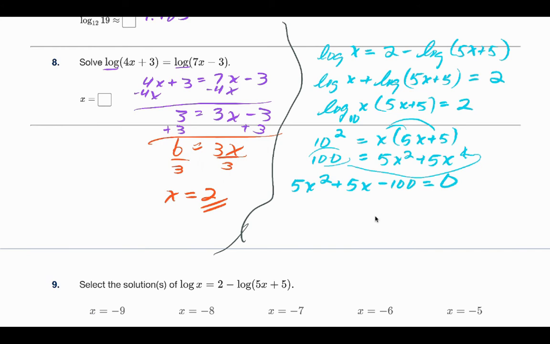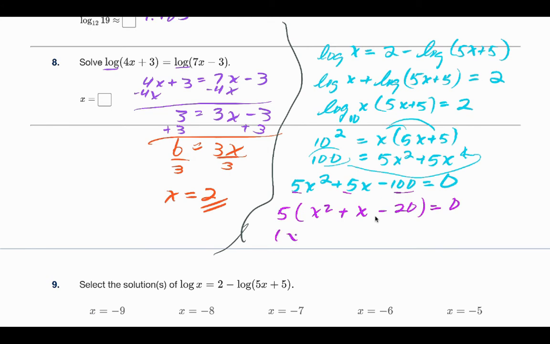Now if you think about it, I can factor a 5 out of each one of these. So I'll have 5, and what I'll have left in parentheses then is x squared plus x minus 20 is equal to 0. Now I would divide by 5.